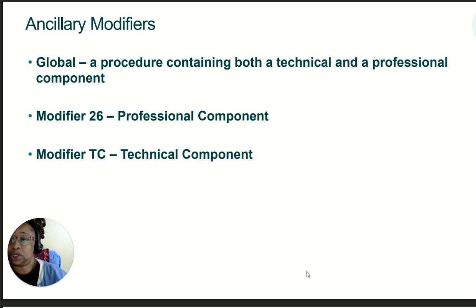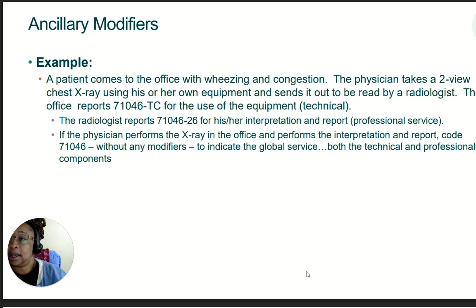Ancillary modifiers. Global is a procedure containing both a technical and professional component. 26 modifier is for the professional component, and TC is for technical. Example, a patient comes to the office with wheezing and congestion. The physician takes a 2-view chest x-ray using his or her own equipment and sends it out to be read by a radiologist.